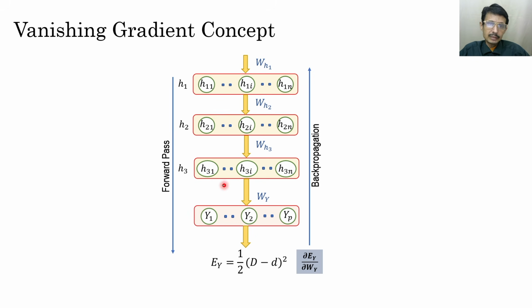As we have seen in the last slide, there is a forward pass and then backpropagation, that means weight updation in the backward direction, from the output layer to the input layer. So this is the first hidden layer, second, third, and the output layer, and before that the inputs come.